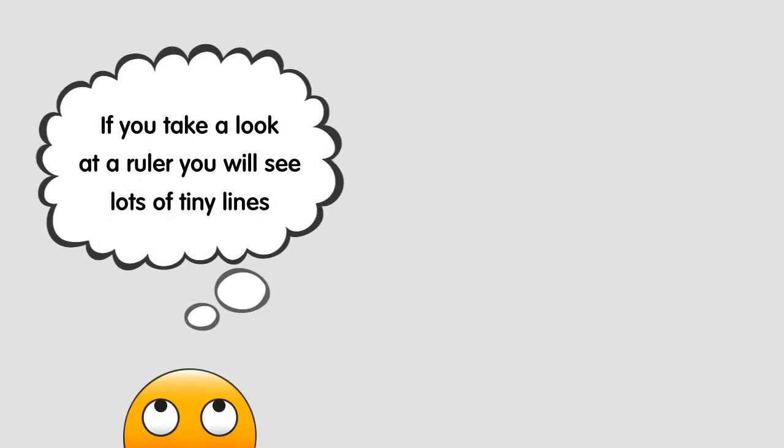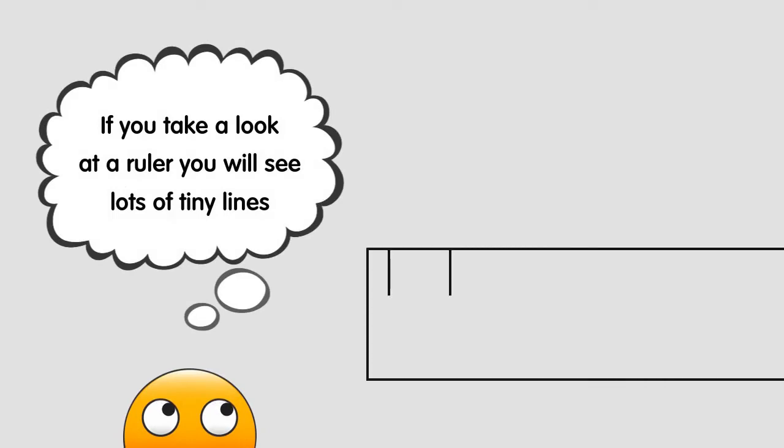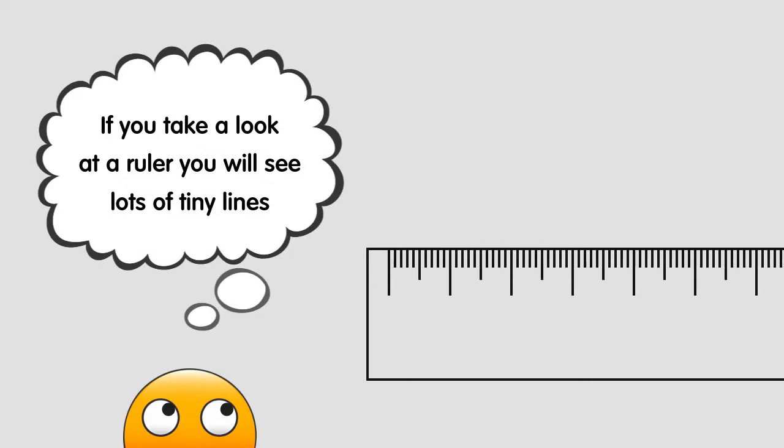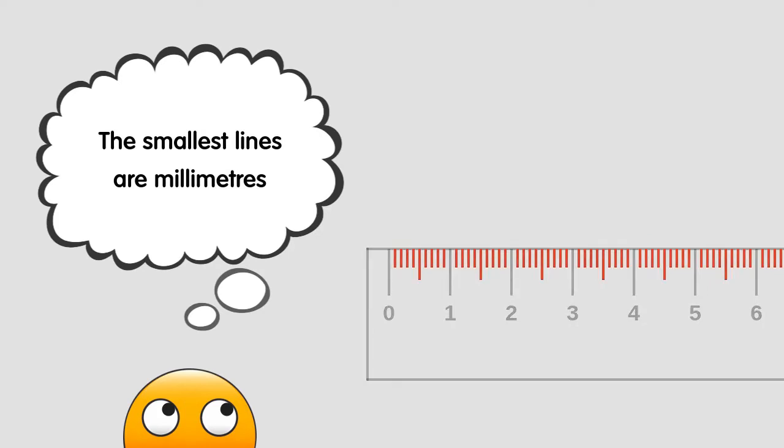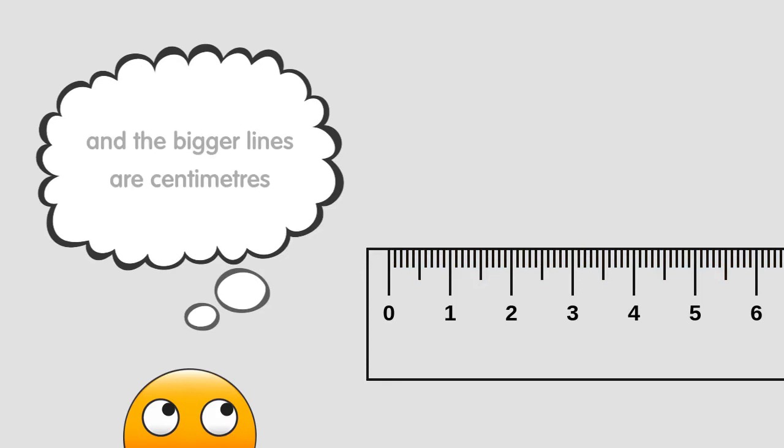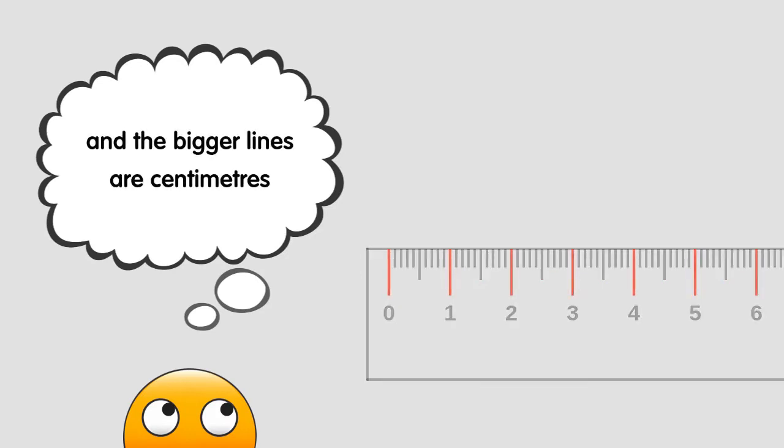If you take a look at a ruler, you will see lots of tiny lines. The smallest lines are millimeters, and the bigger lines are centimeters.